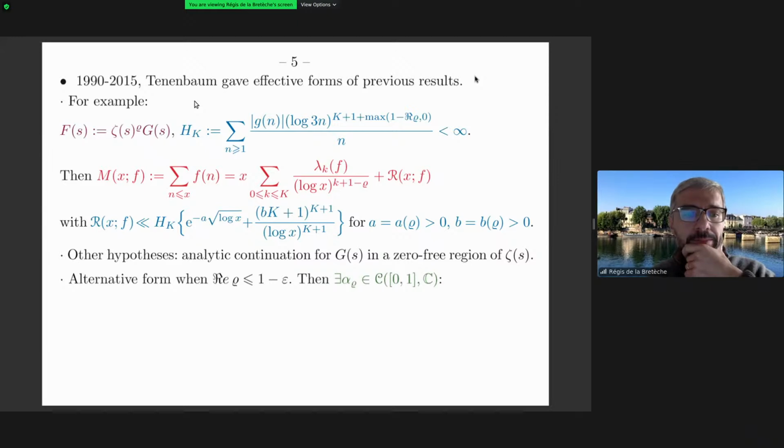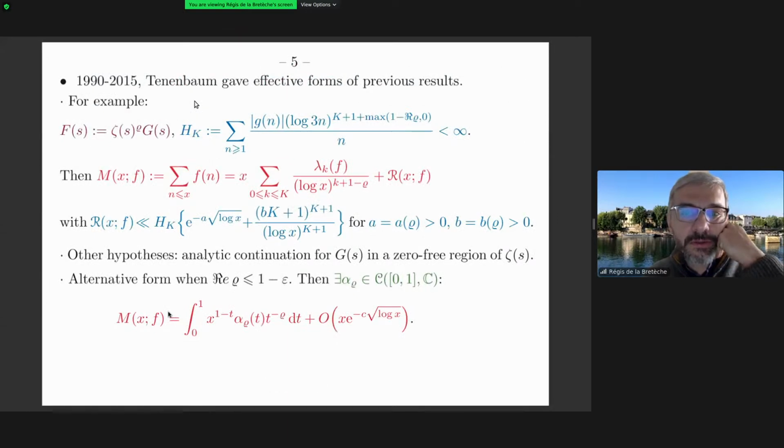And if you have, so rho satisfies that the real part of rho is less than y minus epsilon, you can write the main term as a nice formula.